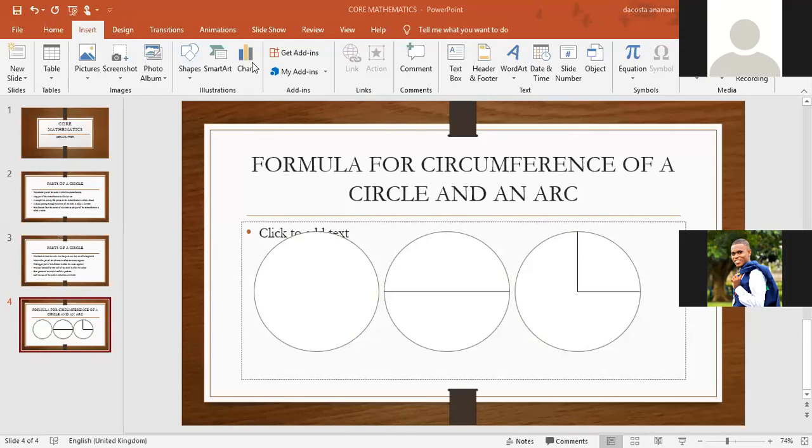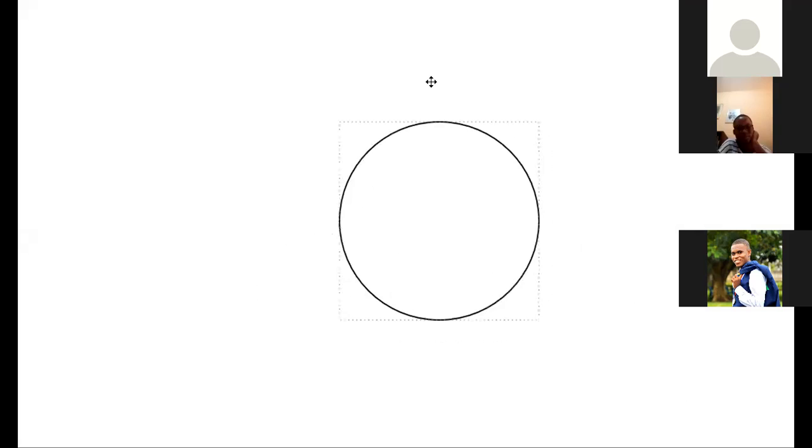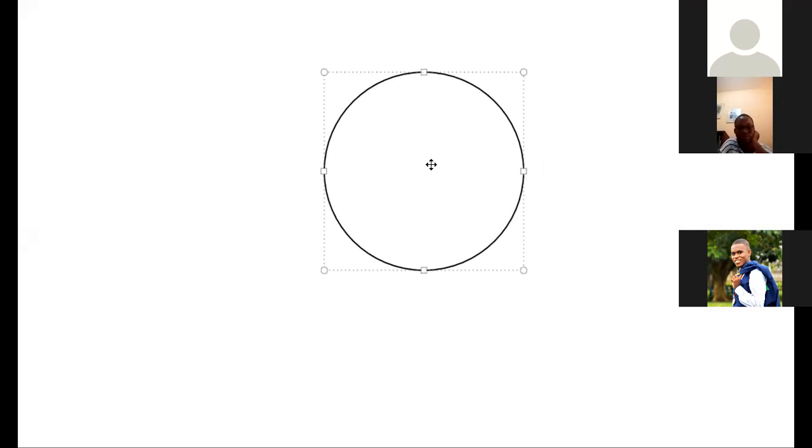For example, this is a circle, right? You see it as round. And they are telling you to find the circumference, that's the perimeter of this circle.